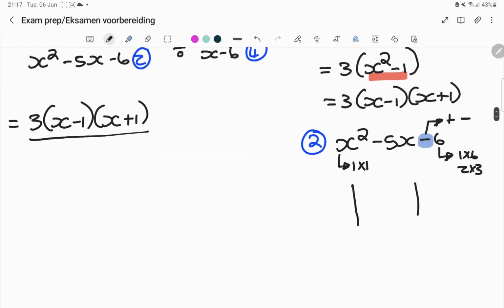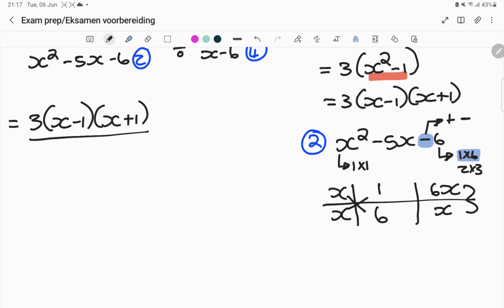Alright, so let's quickly draw our table. So I'm going to take this, I have an x and an x, and let's say we're first going to attempt 1 and 6. Now we're going to cross multiply, so x times 6 becomes 6x, and x times 1 becomes x. Using these two numbers, let's check if we can get negative 5x. Remember, one has to be positive and one has to be negative.